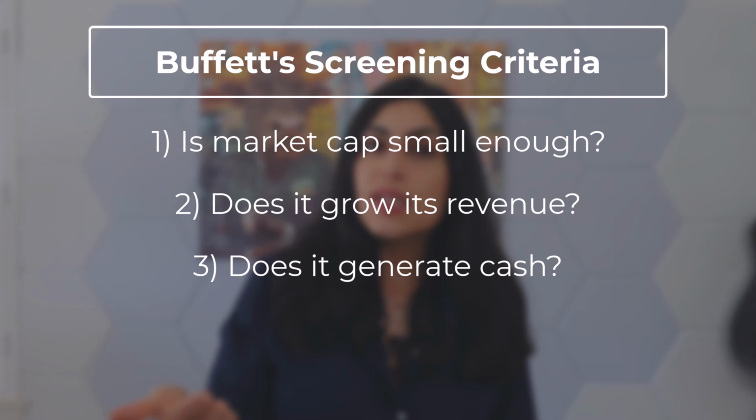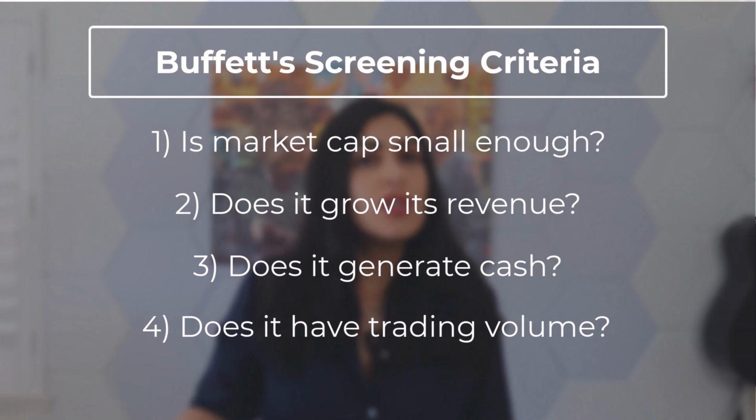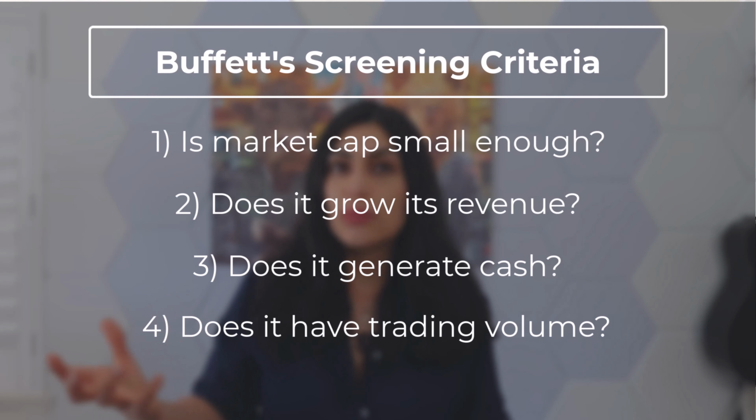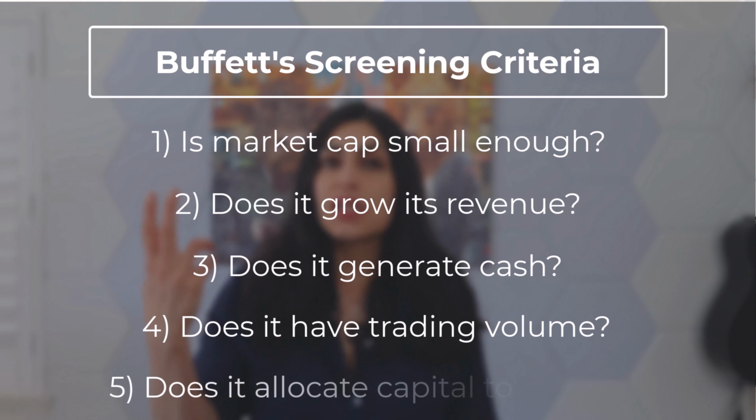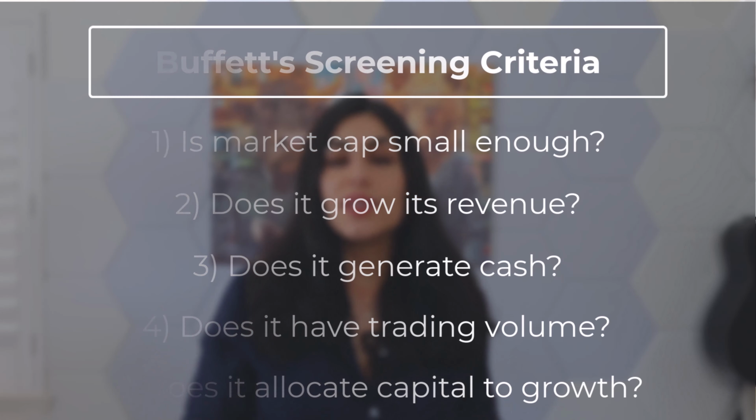So the additional 2 questions you must answer are, does the stock have enough volume and interest in the US that is worth my time and effort? And does the company allocate its capital to growth instead of dividends? Now we have a screener that gives us about 100 stocks or so that are worth researching and spending time on.